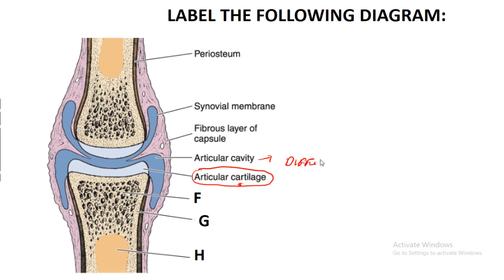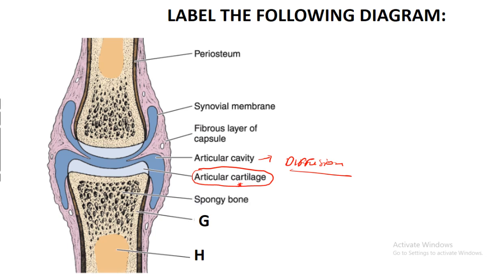So nutrients normally penetrate through the cavity into the articular cartilage by diffusion. You need to understand that this articular cartilage plays a vital role in the joint. As a result, it needs to be regularly nourished, meaning it needs to have a constant supply of nutrients.